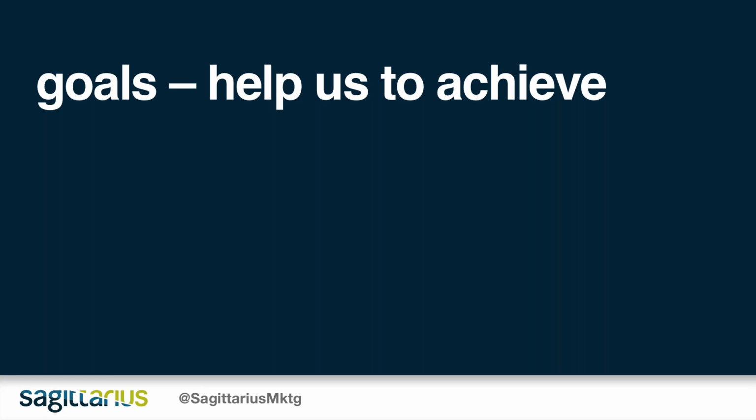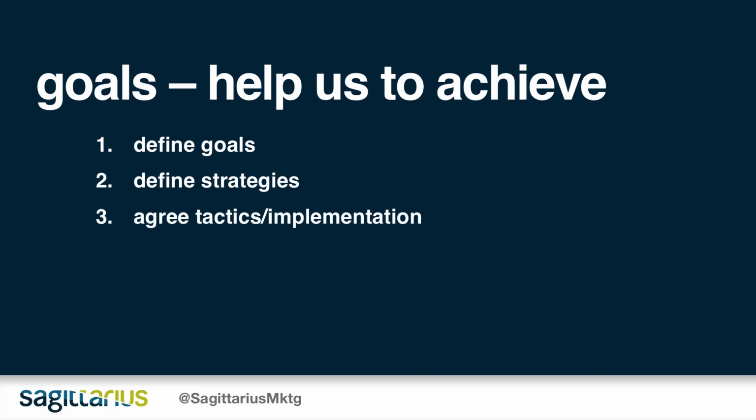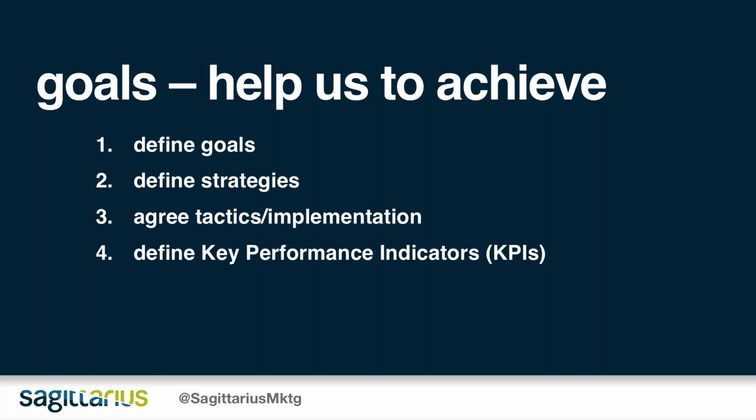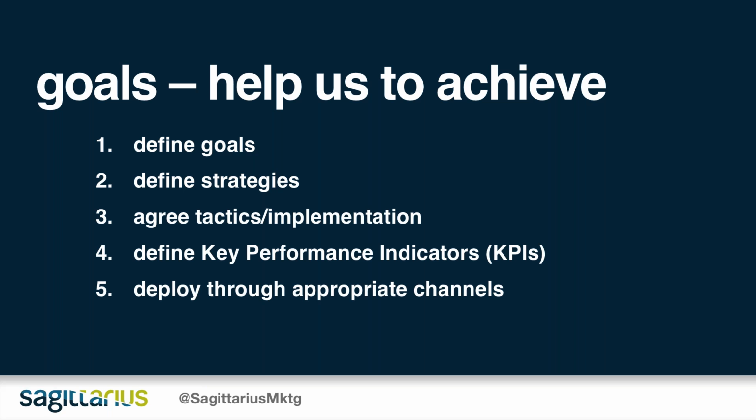The first thing we'll look at is the goals that help us to achieve this. So we'll look at defining goals: what is important to you in your business and what actions are likely to lead to a conversion. We'll then define strategies, agree tactics and implementation, and then define your KPIs, short-term and long-term. And then we'll look at deploying these through the appropriate channels.